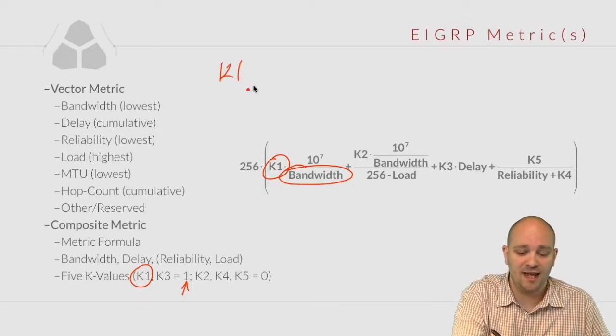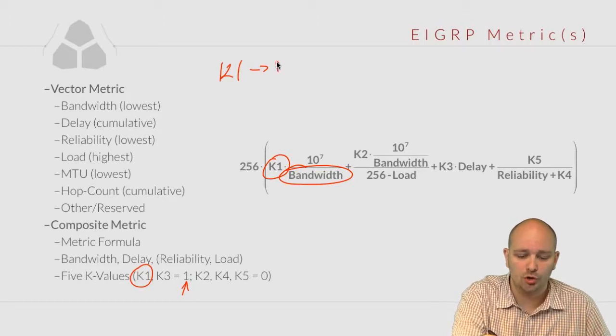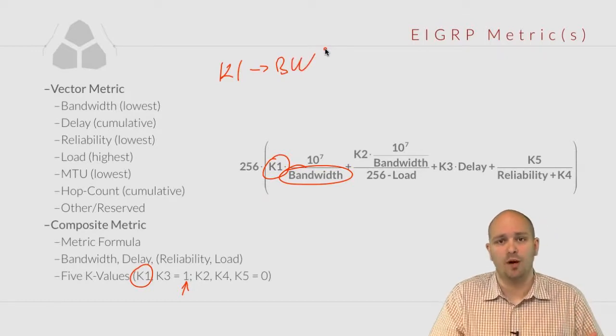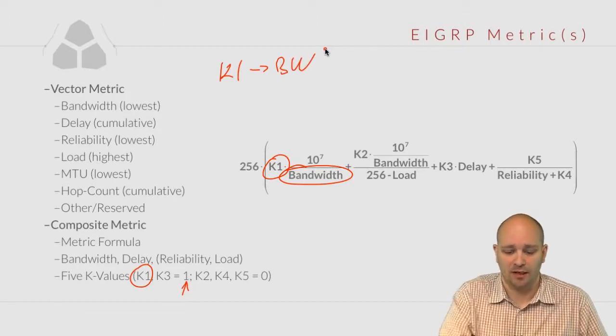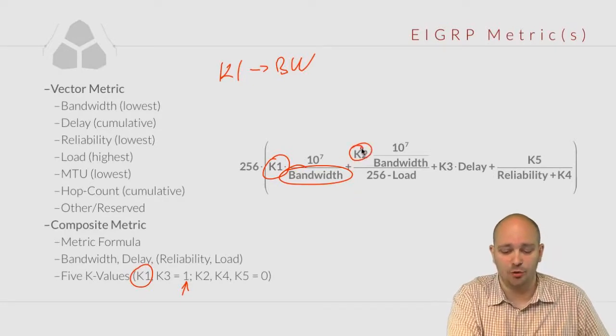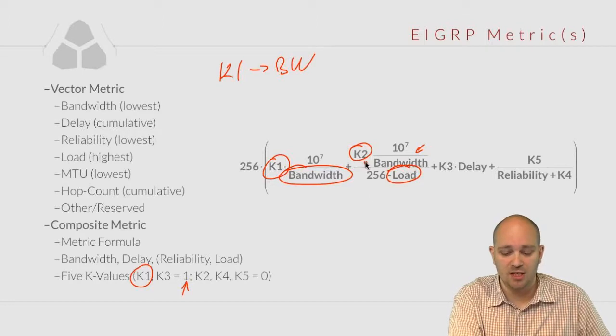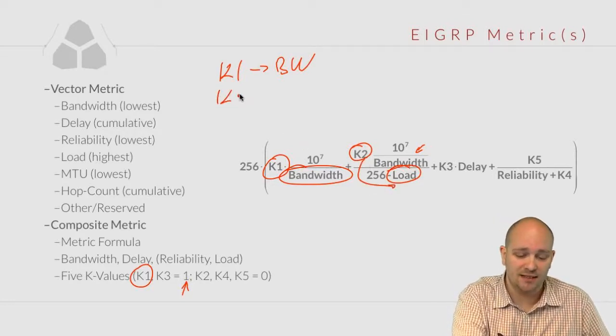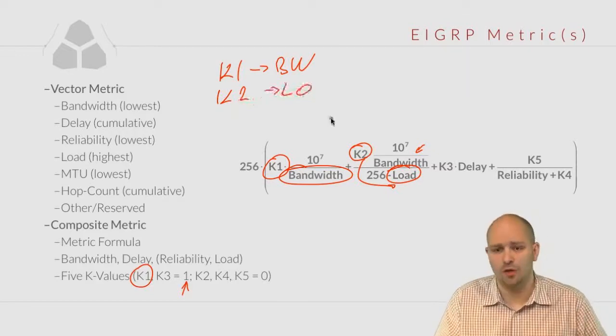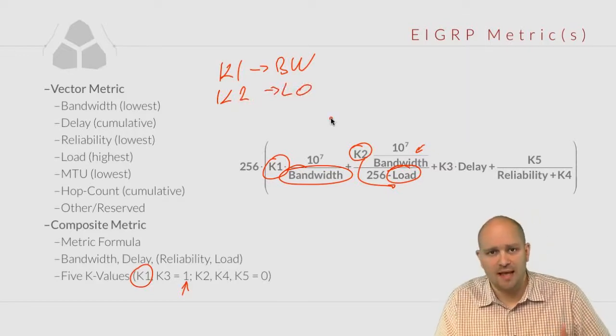So we can say that K1 controls how bandwidth will be used to calculate the metric. Then we can see here K2, which is again used with the bandwidth, but really what figures here is load.